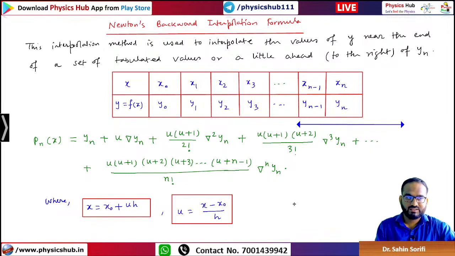So let us formulate now. Here the table will be called the backward difference table. Previously we called it the forward difference table.